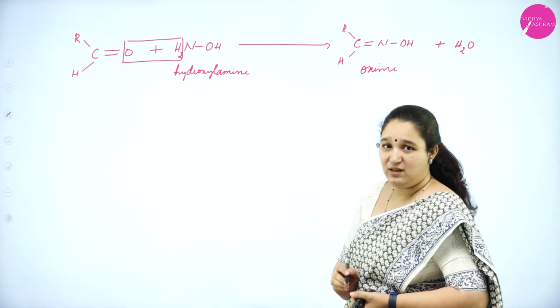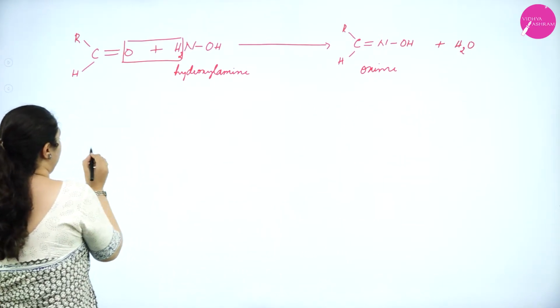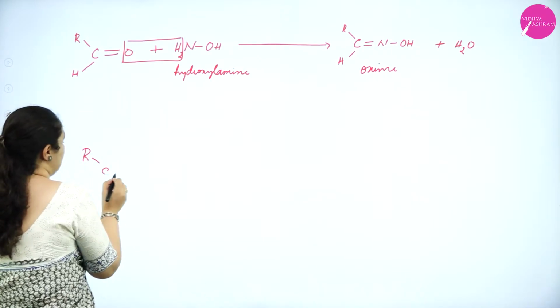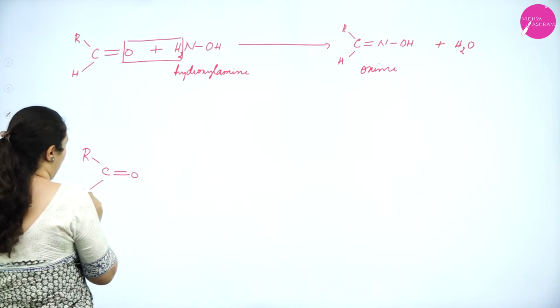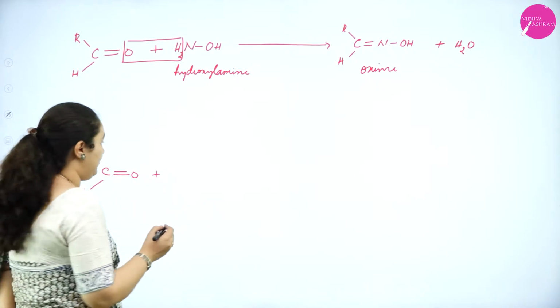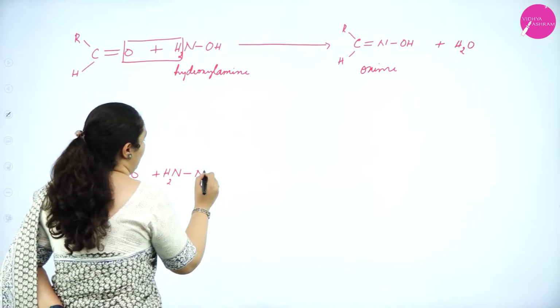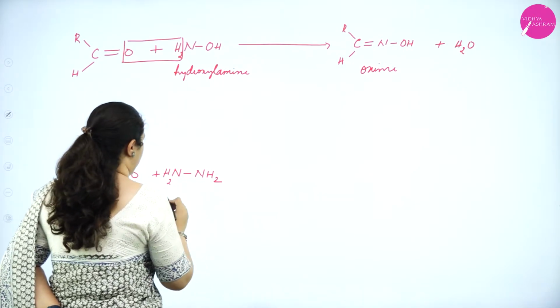Water is getting removed. Same way, we will write one more, that is for R, C, double bond O, H, aldehyde with hydrazine. Hydrazine is NH2, NH2.